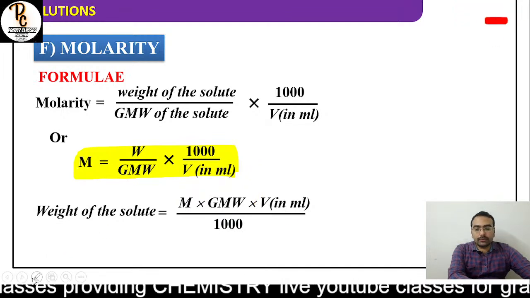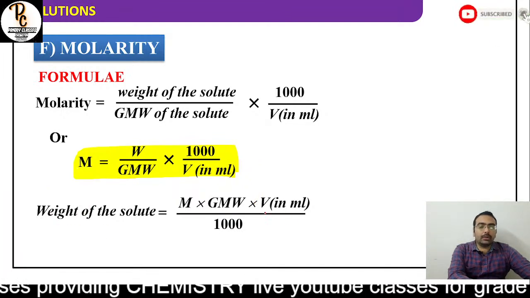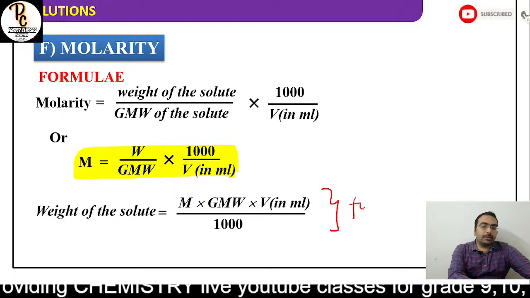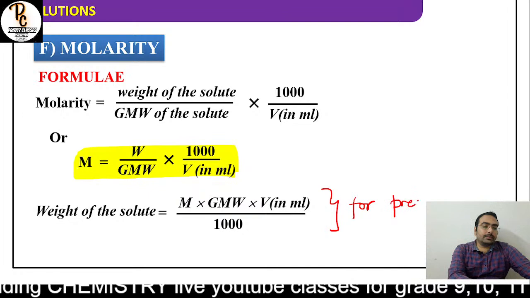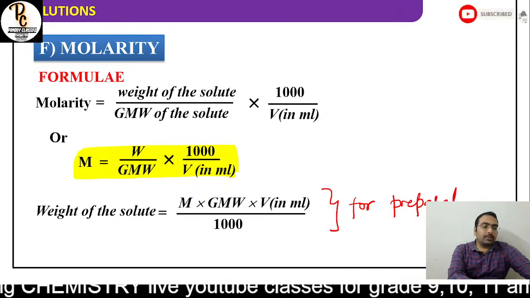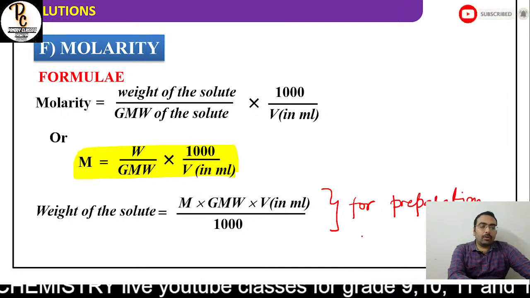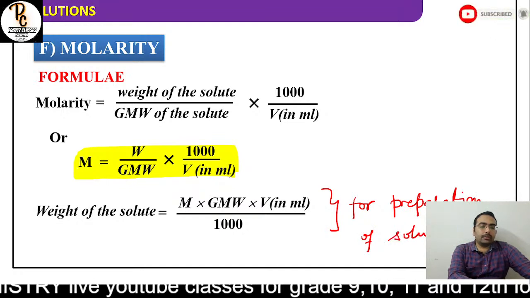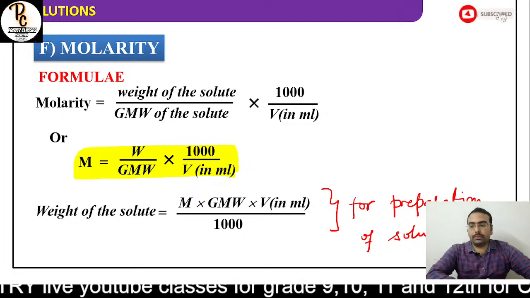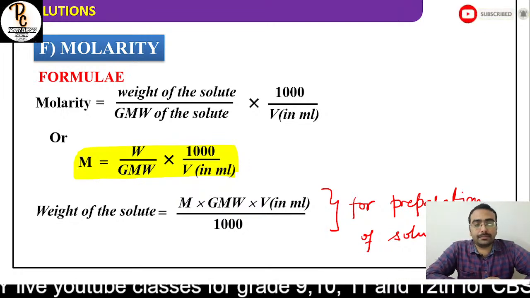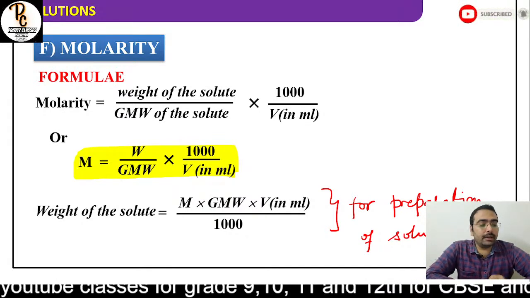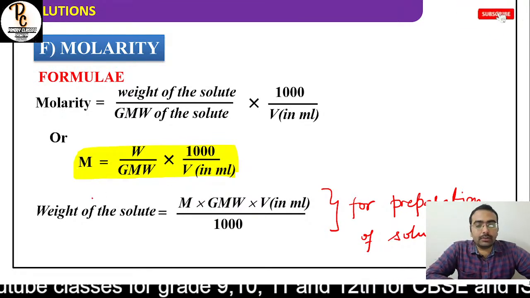And when we use this formula, like in order to prepare a solution, suppose it is given to us कि हमें एक specific concentration का एक solution बनाना है, so in that case we can use this formula.